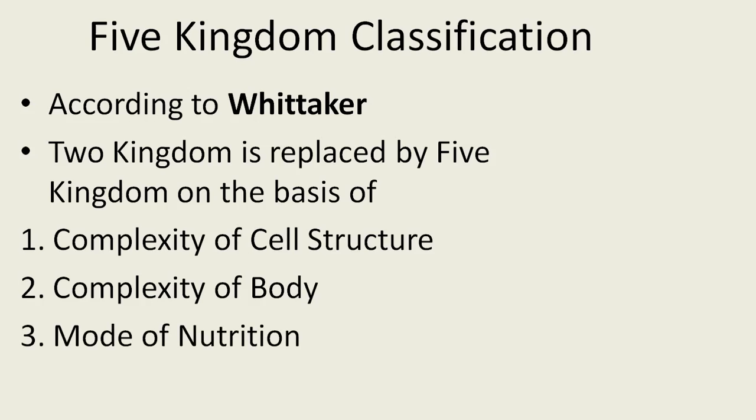Autotrophic means those organisms synthesize their own food material. This is the autotrophic organism. Those organisms that do not synthesize their own food material and depend on others are known as heterotrophic. And these three parameters are very important for the replacement of the two kingdom classification by the five kingdom classification. Which are the five kingdoms?